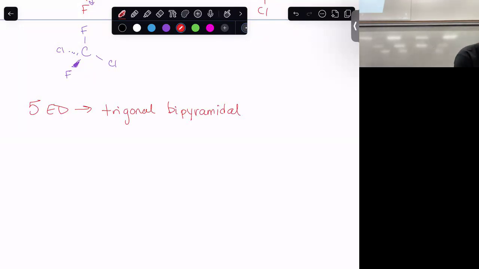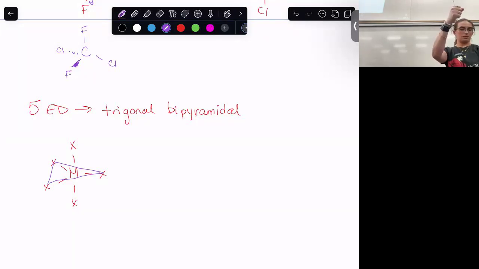We could have something in the center, M, and you have X, X, X, X, and X going around like this. So 3-dimensionally, you have this pyramid that would be flat on your bench top. Your X is going to be above the plane on top, and your other X is going to be below the plane on the bottom. So if you have that trigonal base, this can form a pyramid like this.